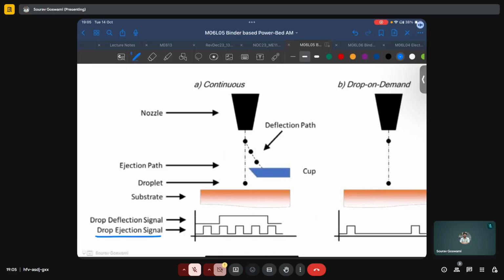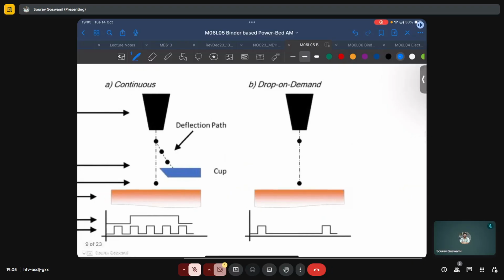So we can impart some electrostatic charge to the binder droplets so that they are negatively charged and the cup is positively charged, or vice versa. And for the regions where it is not required, we can activate this drop deflection signal so that the binder droplets are transferred to the cup, which may act as a reservoir, and the collected binder may be reused later and recycled.